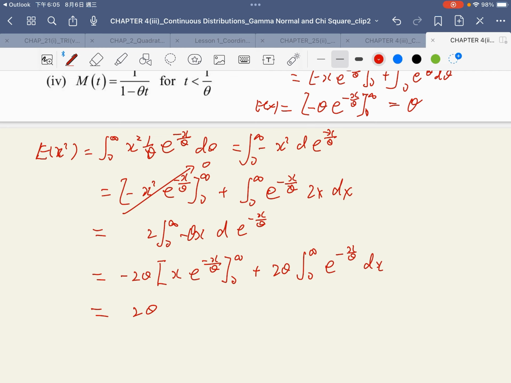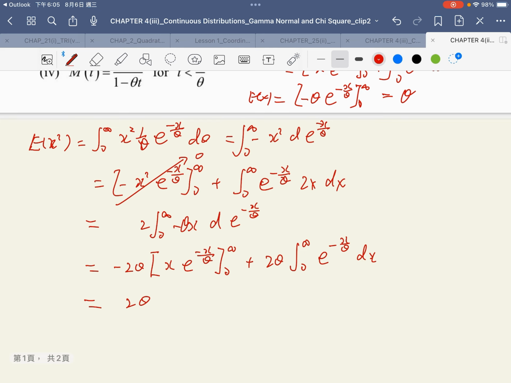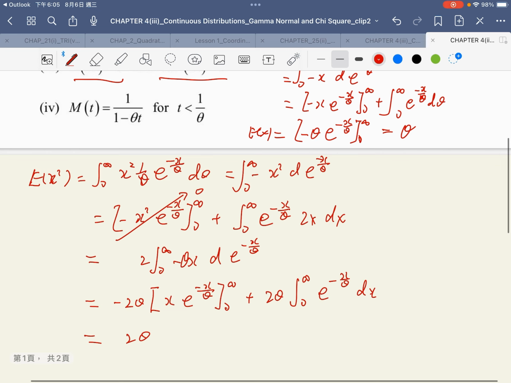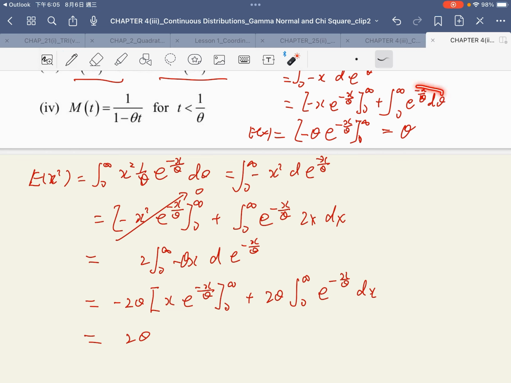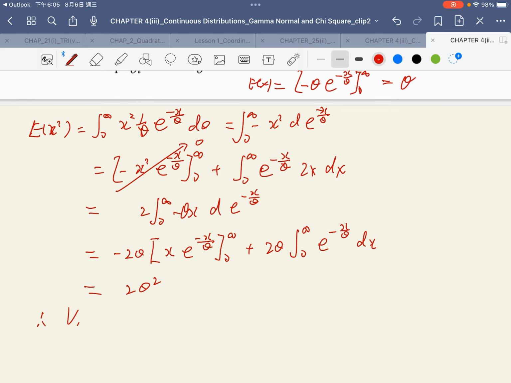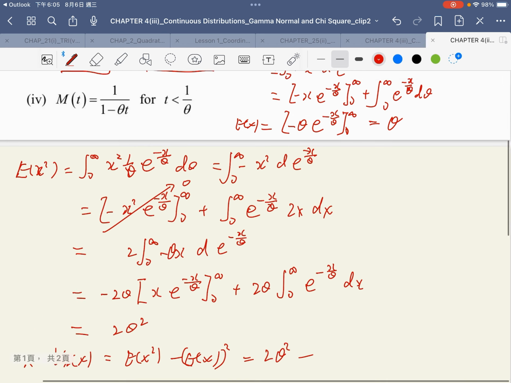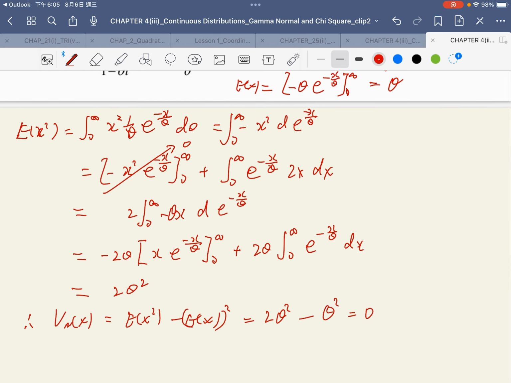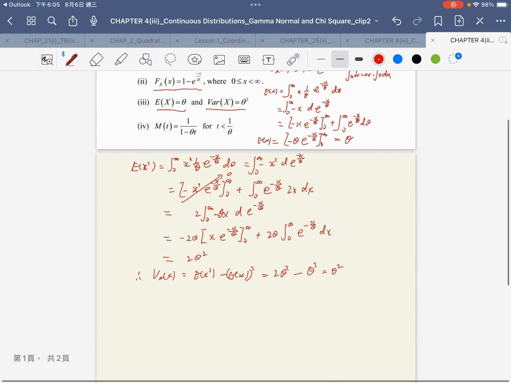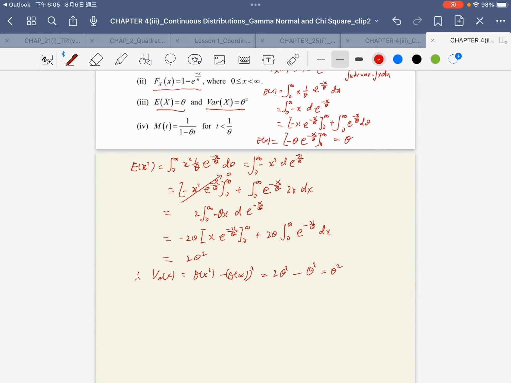Wow, so nice. Because I have finished the integration of this one, it is equal to theta. Then this is 2 theta squared. Therefore, the variance is E(X squared) minus E(X) all squared. That is 2 theta squared minus theta squared, which is theta squared. That is the variance.